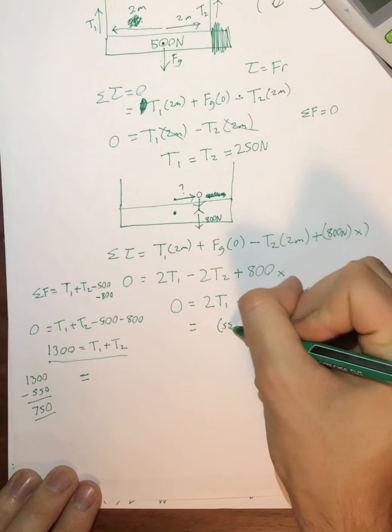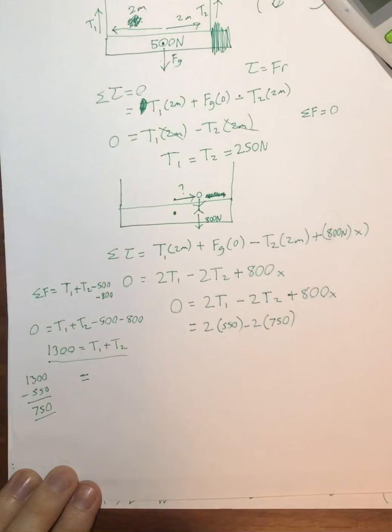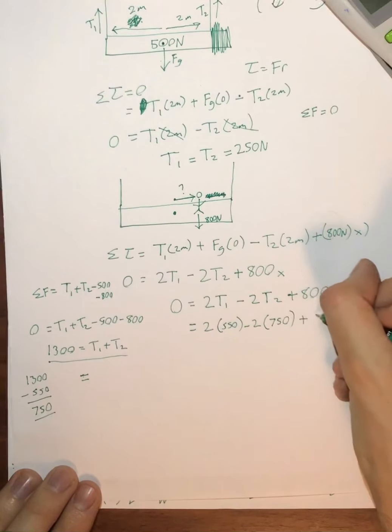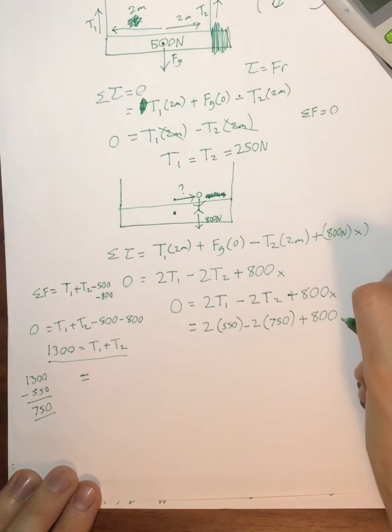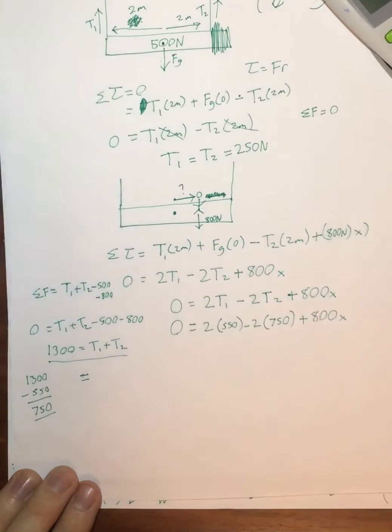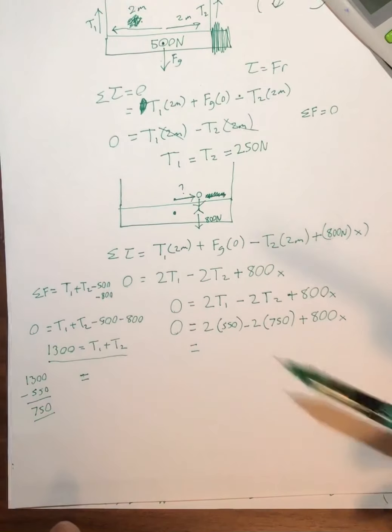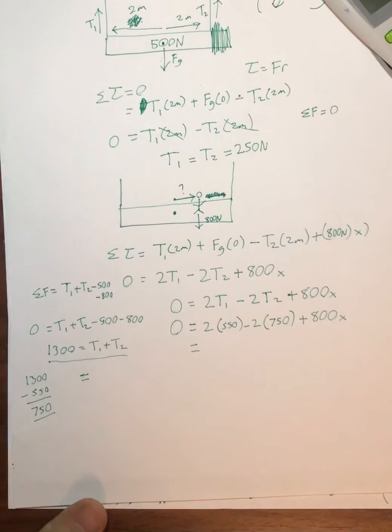T1 is going to be 550 times 2 minus 2, okay? That has to be the rule. And then this will be plus 800 times x. And now, if this all equals 0, we can solve this for x. So this is a very challenging problem combining net force and net torque to get the final answer.